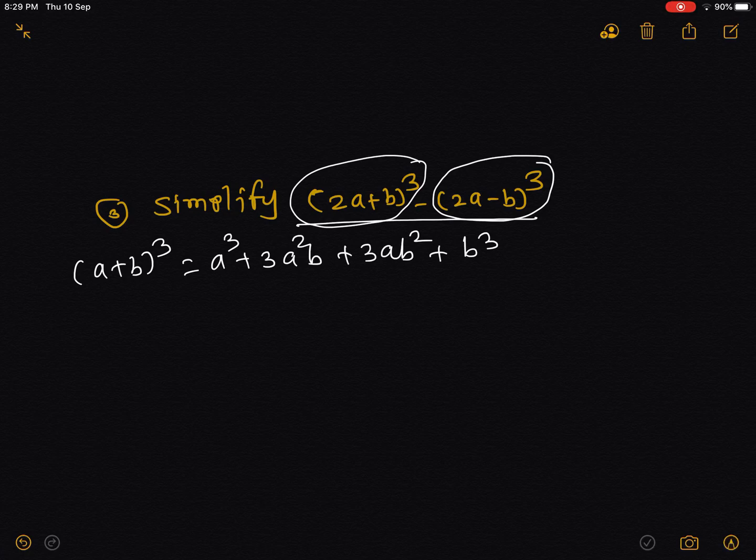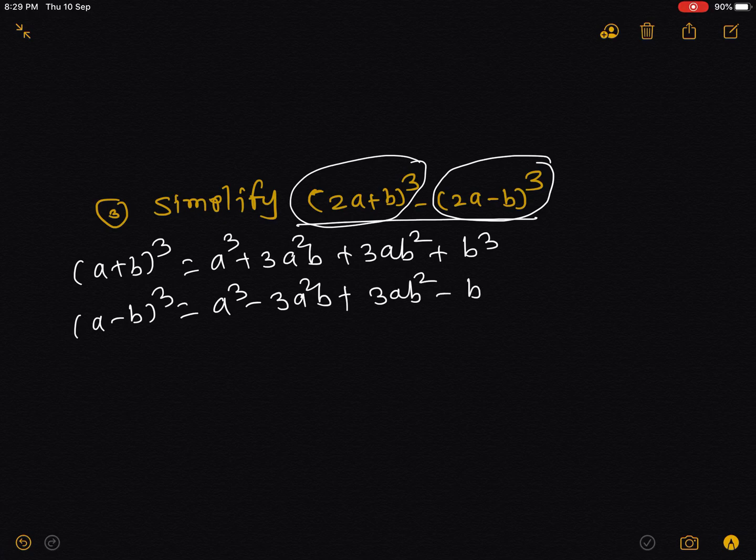We expand the second bracket by (a − b)³, it is a³ − 3a²b + 3ab² − b³.